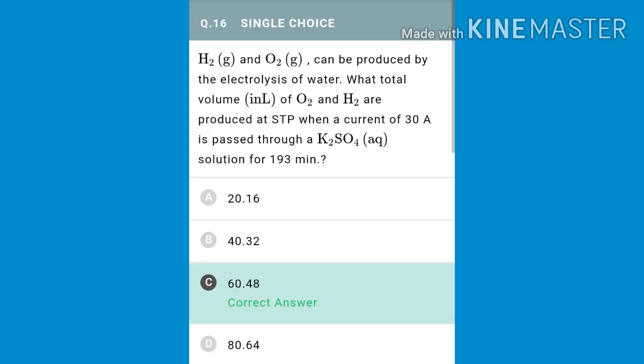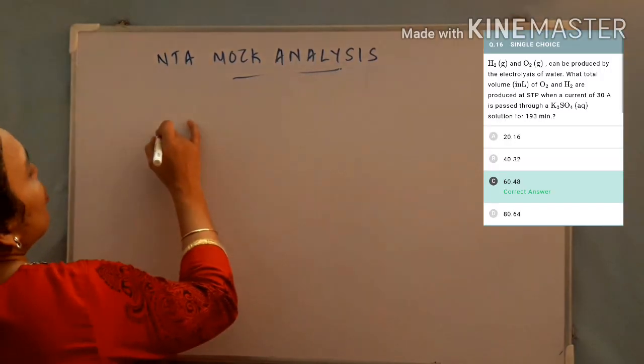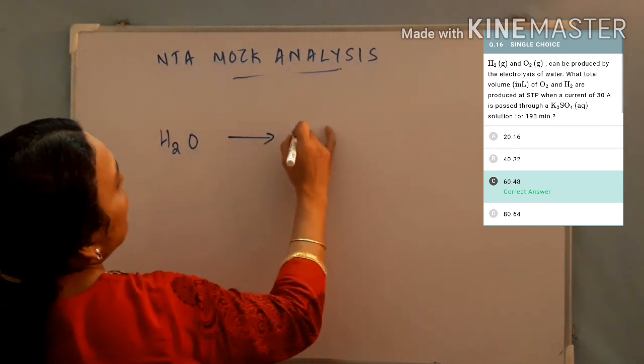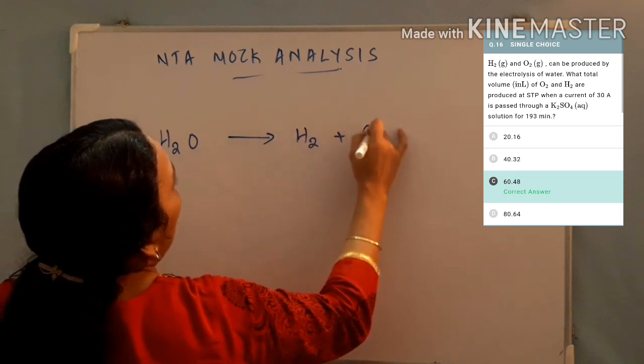Hydrogen and oxygen can be produced by the electrolysis of water. What total volume in liters of oxygen and hydrogen is produced at STP when a current of 30 ampere is passed through a K2SO4 solution for 193 minutes? Here, water undergoes electrolysis to form hydrogen and oxygen.